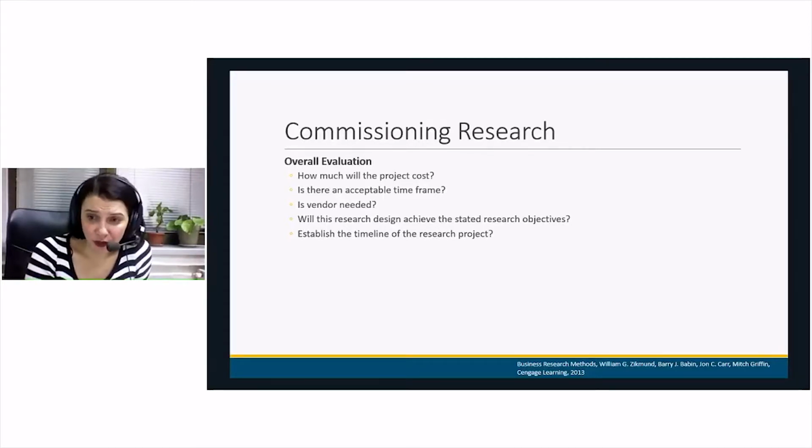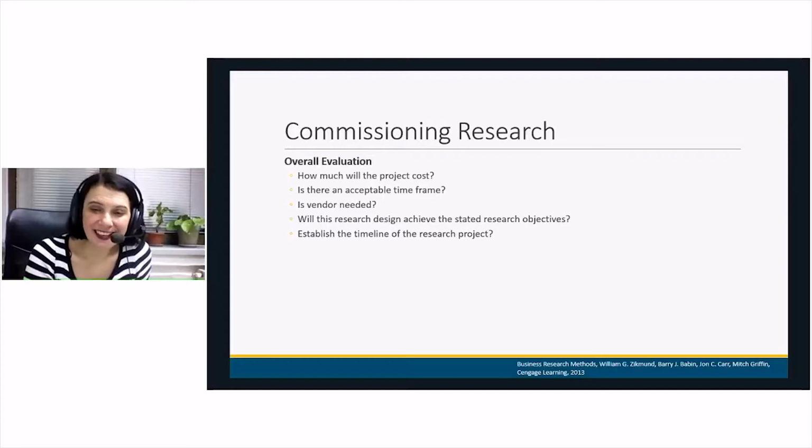The second question, when the planning of the market research project is in question, is there an acceptable time frame? You must know that whatever methodology you choose to use, you would need somewhere between 4 to 6 weeks for you to have the data.